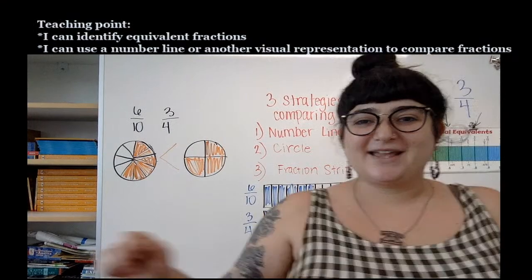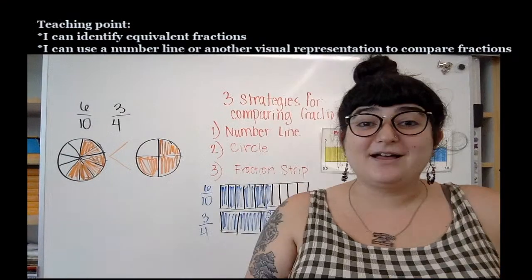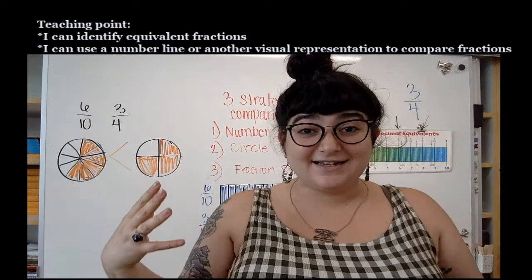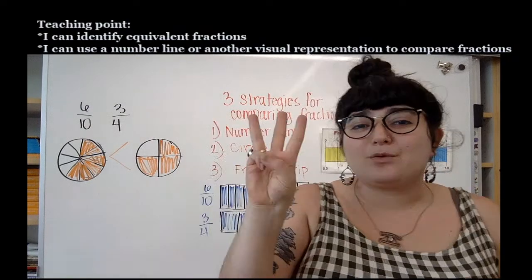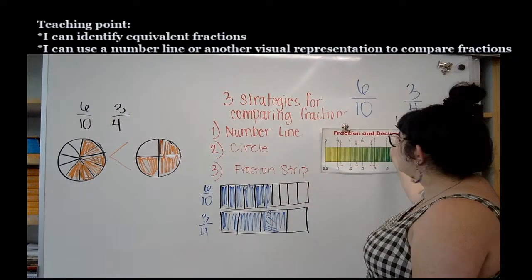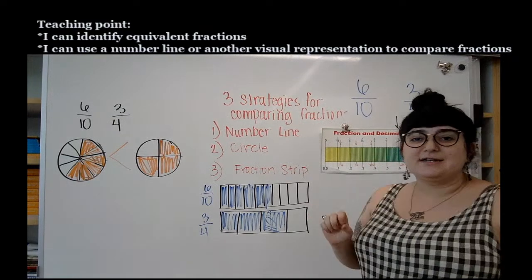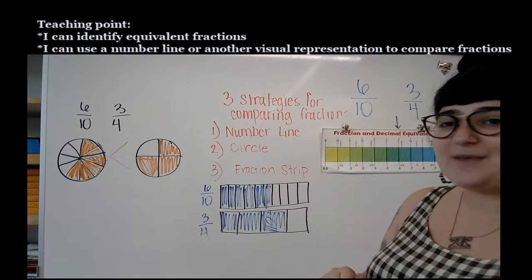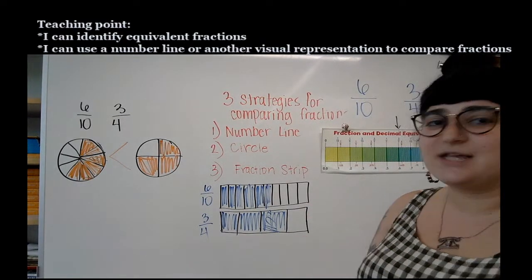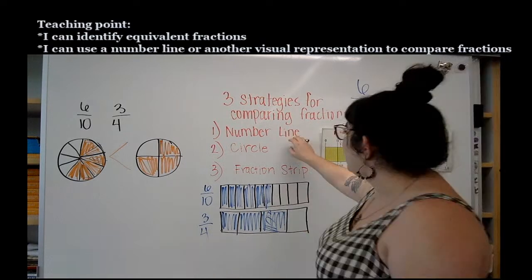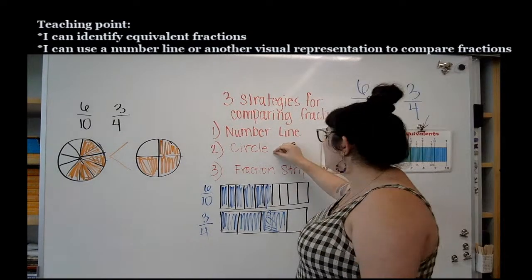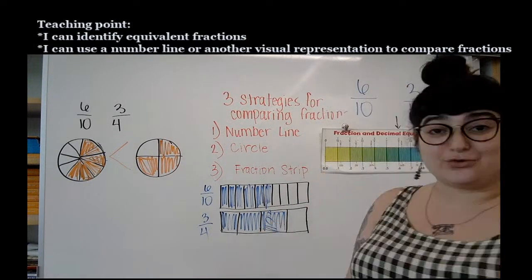So, kiddos, today we learned a lot. We learned 3 ways to represent fractions. Not just how to represent fractions, but how to compare fractions with a number line, a circle, or a fraction strip.